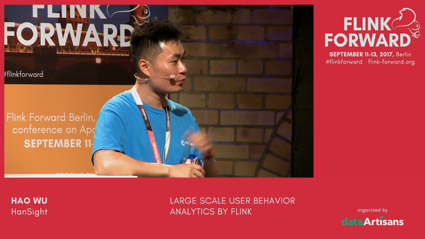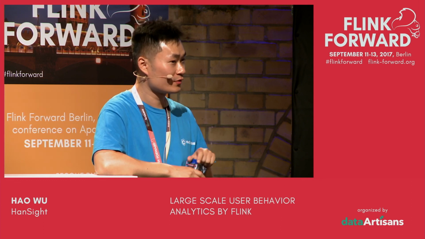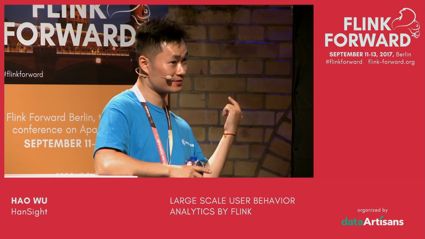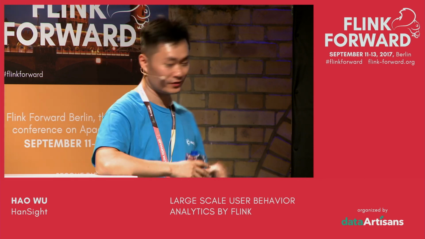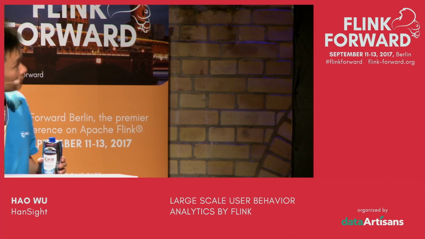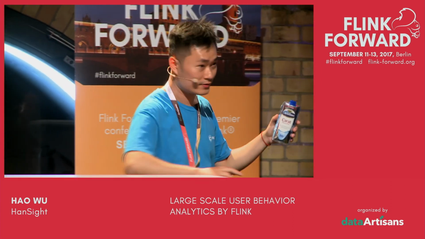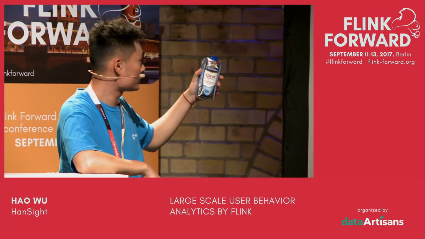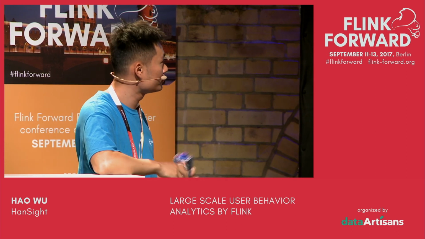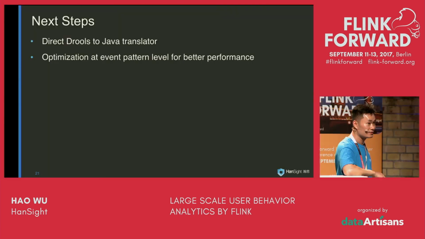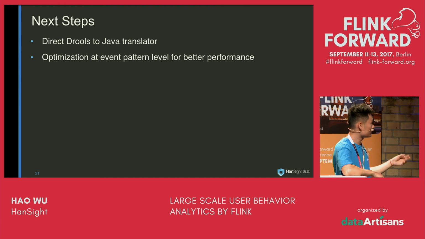Actually, what you just talked about is the next step I mentioned in the demo here. Let me show you. Here, we're talking about how we can mix the Jules rules and the CEP pattern, because I just talked about two solutions. One is Jules, the basic workflow: you get results from Flink, send this data to Jules, and match it.